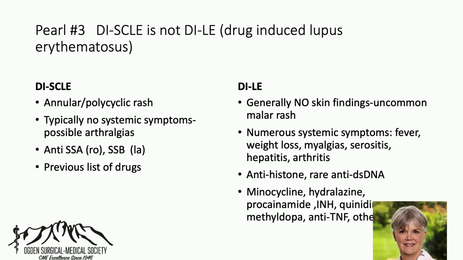Whereas with drug-induced LE, these patients, as the opposite, don't usually have skin disease, but they have a lot of systemic complaints: weight loss, hepatitis, serositis, pleuritis, arthritis. These are the ones with the antihistone antibodies and sometimes even a full-blown lupus picture, and they are a different kind of drug. So try to keep the 2 separate.